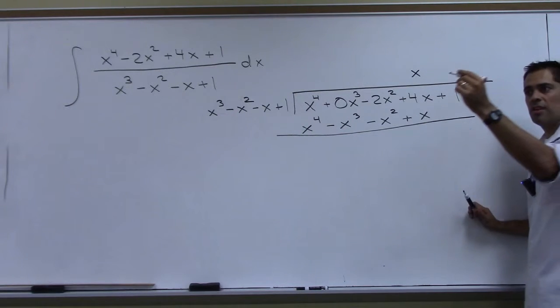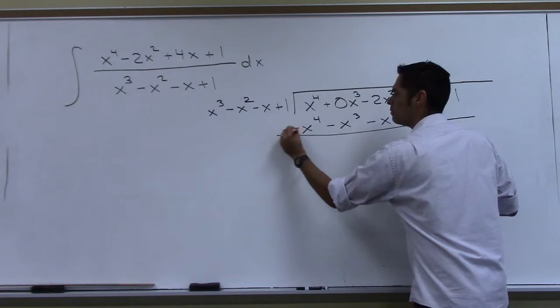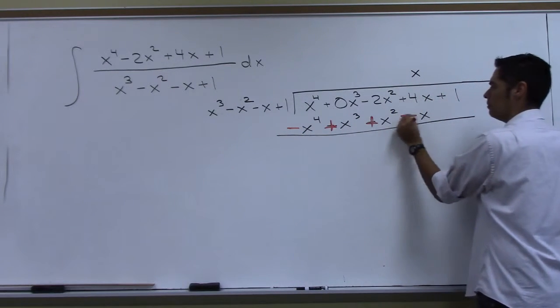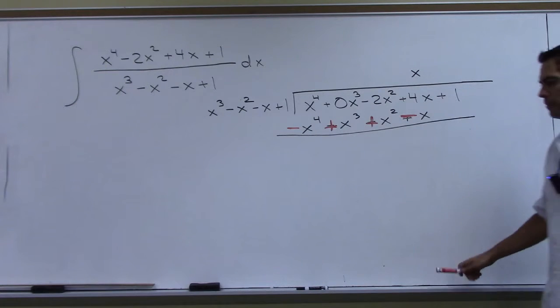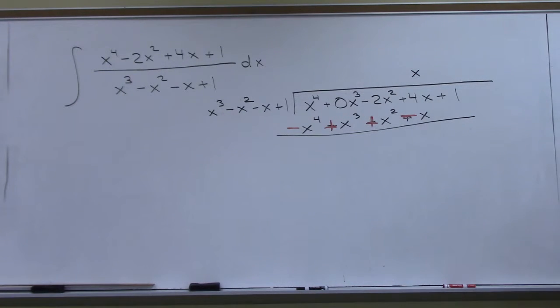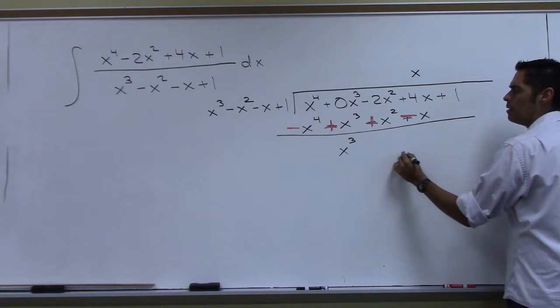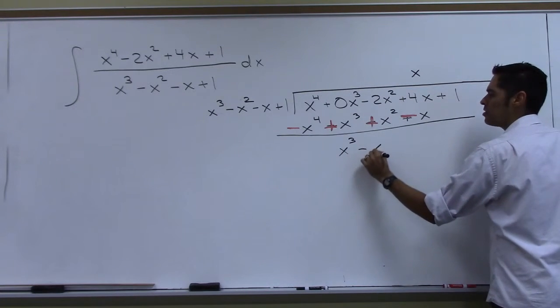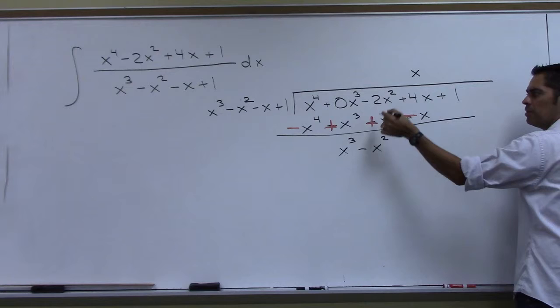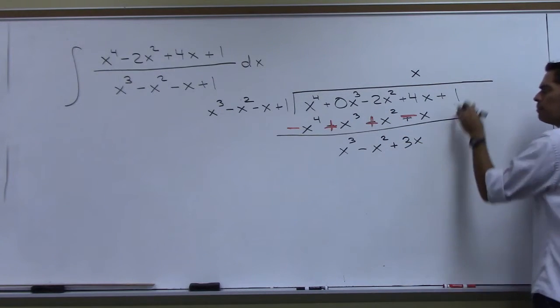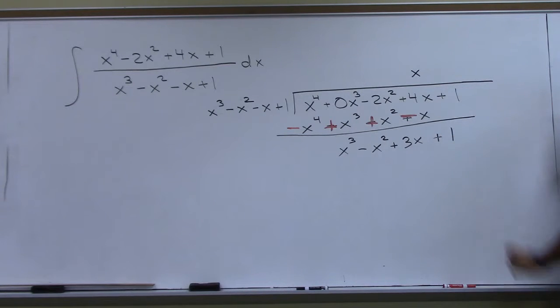Now, change signs. What happens when you add down? What do you have here still? x cubed minus x squared. There's only one of them, because it's negative 2 and then plus 1, plus 3x. And bring this 1 down, plus 1.